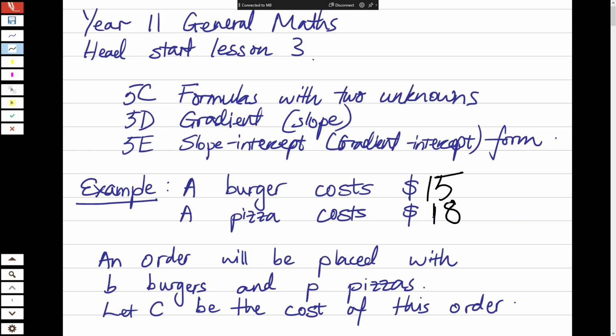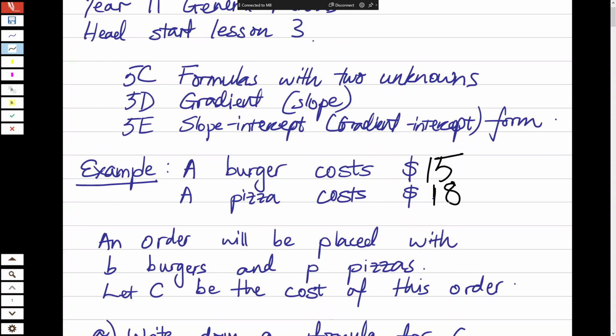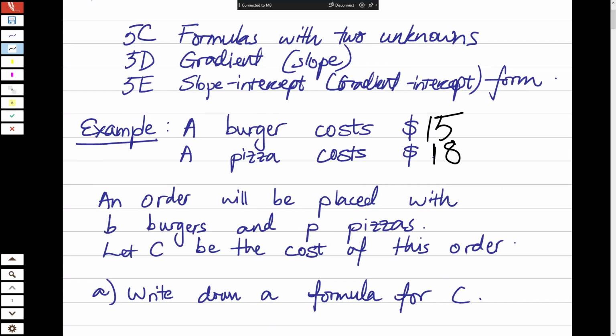The exact number isn't too important. All right.